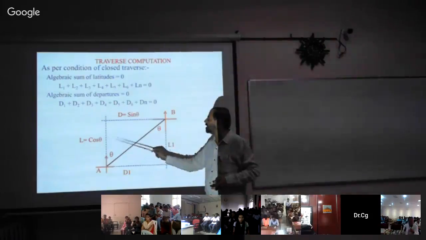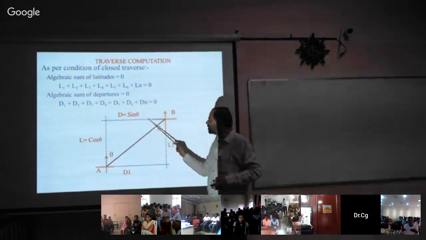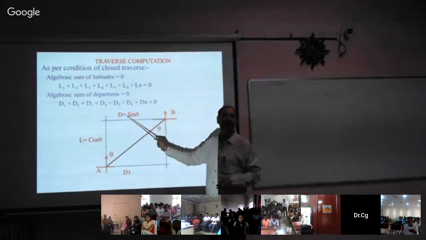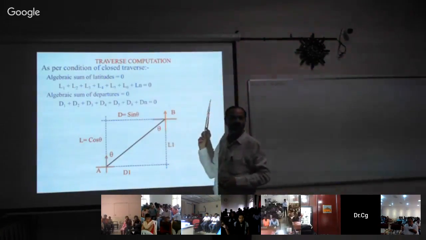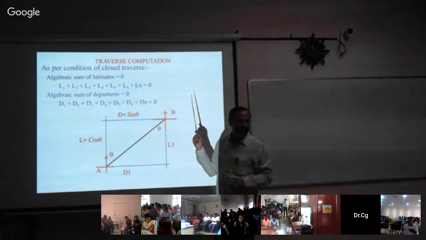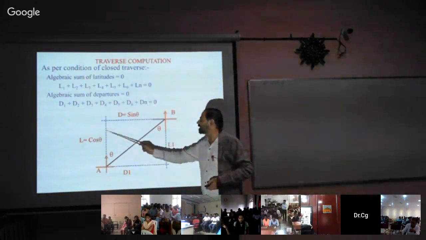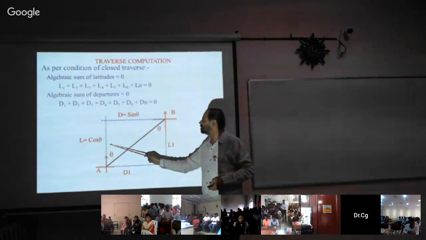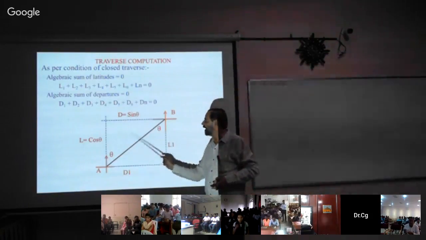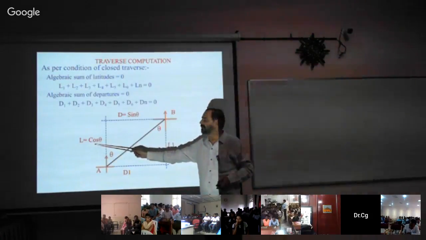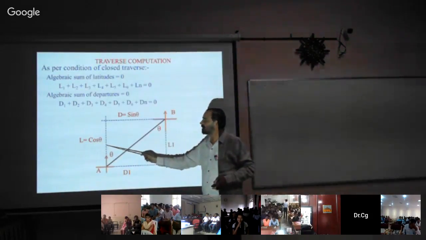Therefore, the departure of the survey line AB is L sin theta, and it is positive because it is eastward. Similarly, this is northward, and this is the latitude of the line AB. It is equal to L cos theta, length into cos theta.